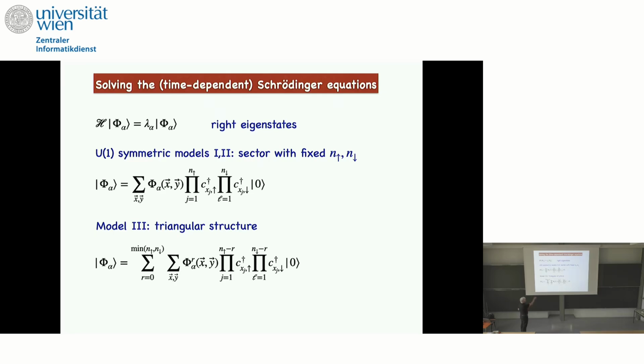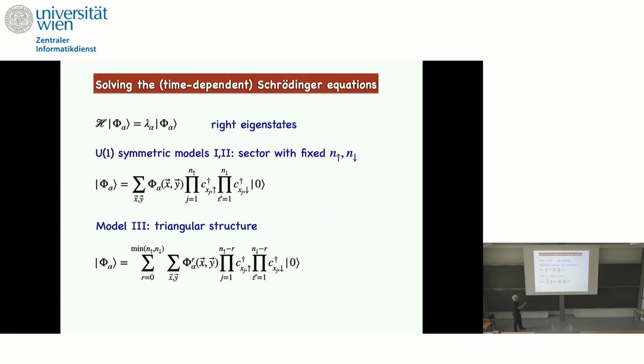If I have the U(1) symmetric model, I can write the eigenstates in a sector with fixed numbers of spin-up electrons and spin-down electrons, which means the equation of motion is exactly at the same level of the hierarchy. Whereas for model 3, if you think about it for a while, it's not surprising: for the hierarchy to truncate, it must have a triangular structure.